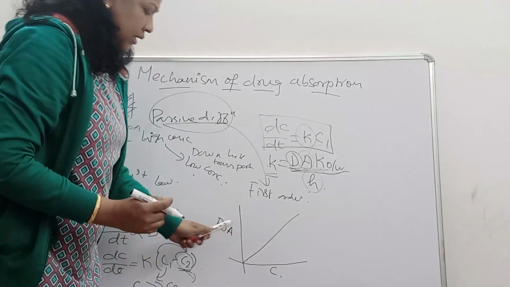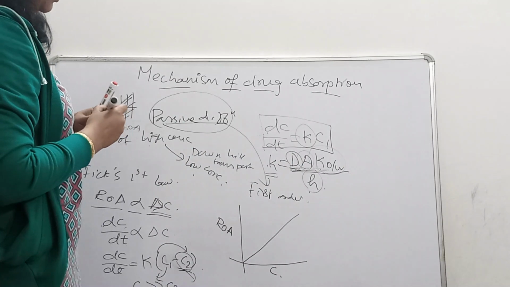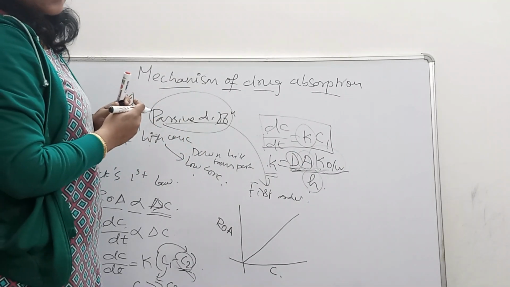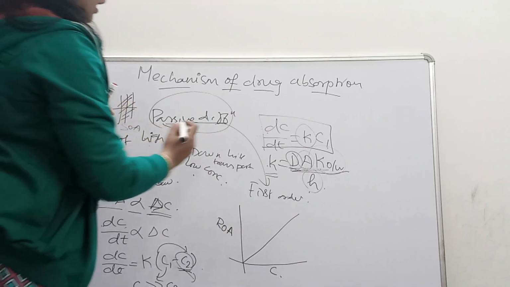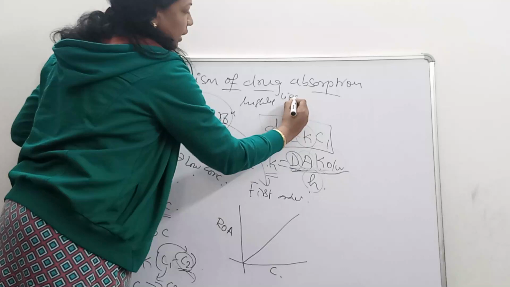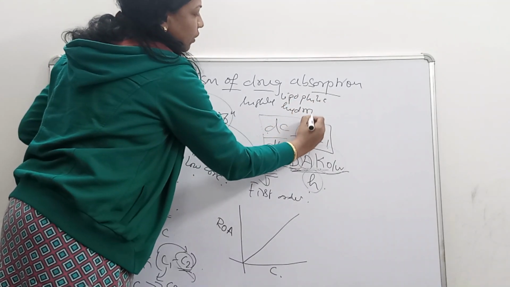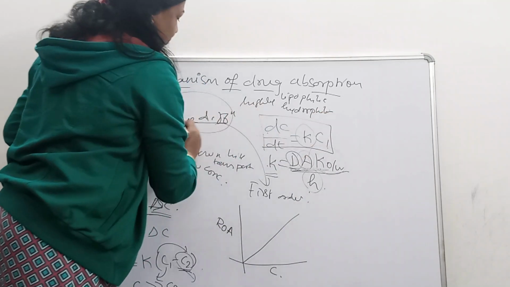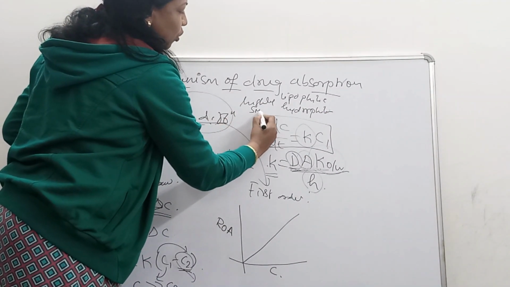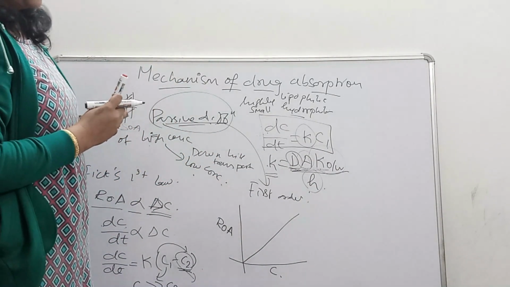That is, concentration and rate of absorption are directly proportional to each other. So which type of molecules undergo absorption by passive diffusion? Generally highly lipophilic. And what about hydrophilic? All the hydrophilic molecules cannot pass through passive diffusion, but the small molecules which are hydrophilic in nature can pass through passive diffusion.